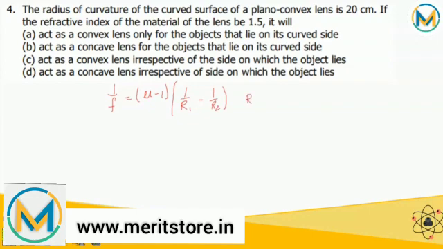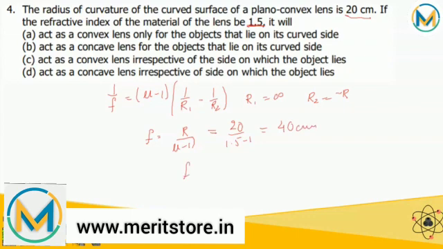Now here given is R1 is infinity and R2 is minus R. So we get, when we substitute, f is equal to R upon (mu minus 1), where R given is 20 centimeter and mu given is 1.5. So on substituting these values, we get 20 upon (1.5 minus 1), which is equal to 40 centimeter.